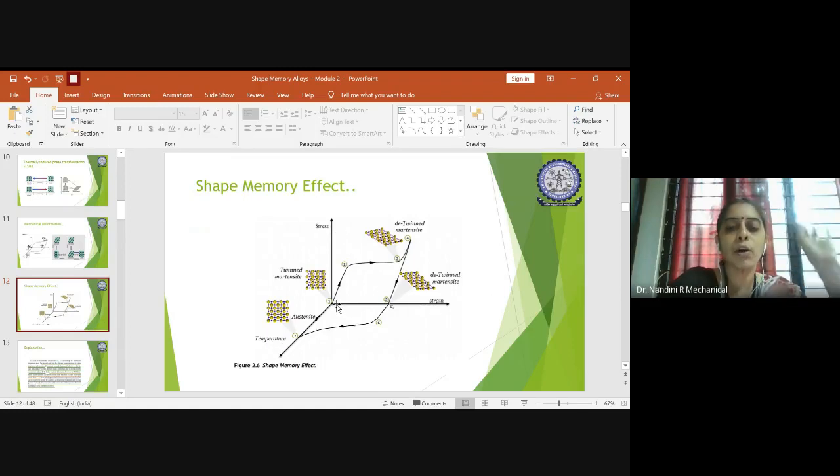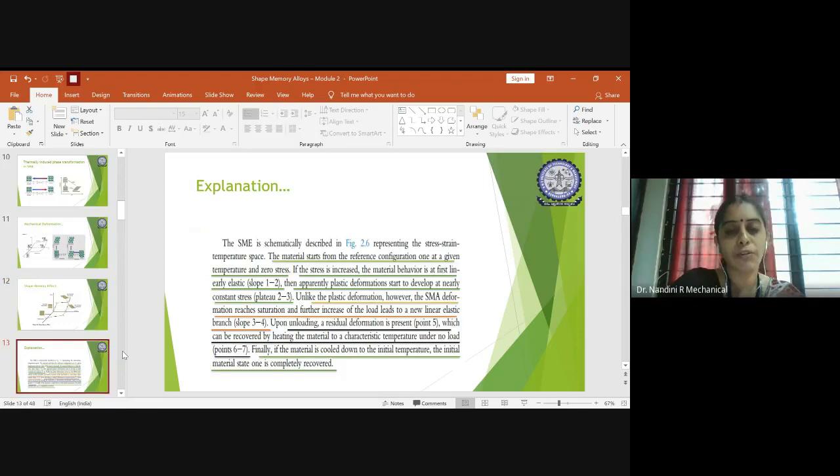The path followed by your shape memory alloy will start from the reference point, from 1 to 2, 2 to 3, 3 to 4, 4 to 5, 5 to 6, 6 to 7, and this goes on. Always the twinned martensite will show the actual reference of the alloy, how it looks initially. Then it starts to change due to the application of heat.